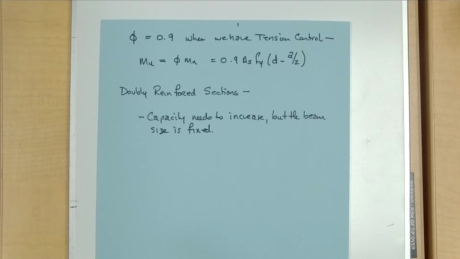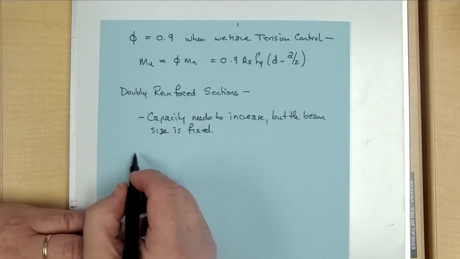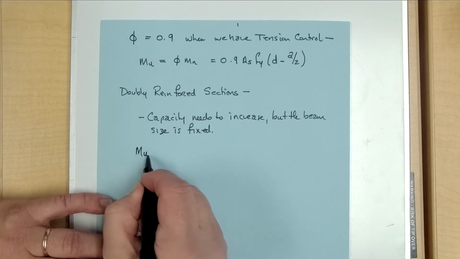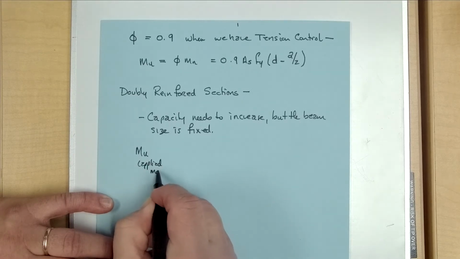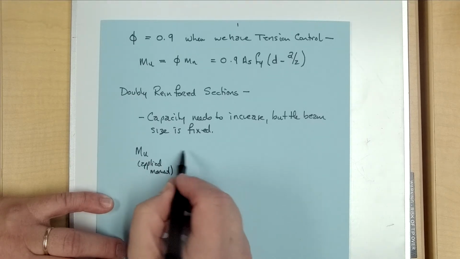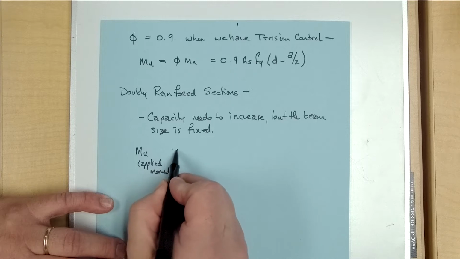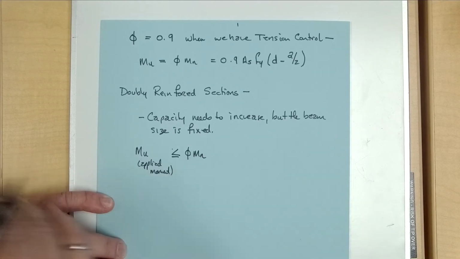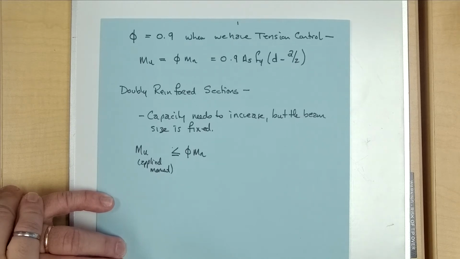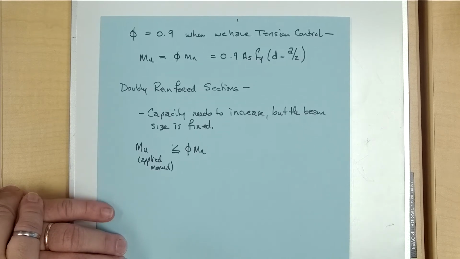And when we go to do that, we always have our same equation. Our design equation is that the M sub u, which is the applied moment, or the moment you're required to resist, has to be less than or equal to phi M sub n. If it isn't, then you have a failure.